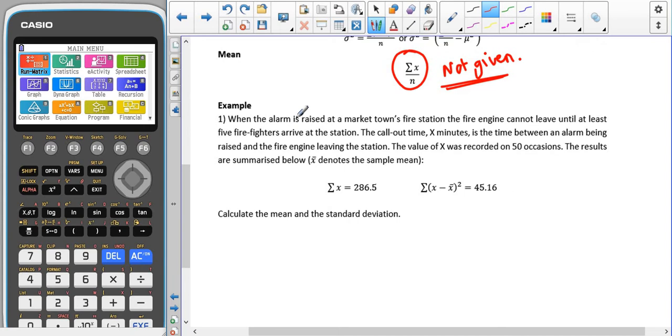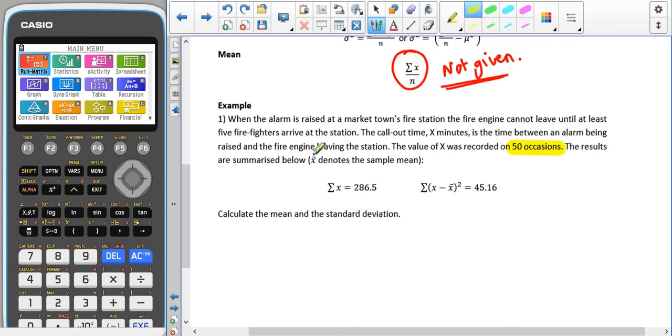So here, when the alarm is raised at a market town's fire station, the fire engine cannot leave until at least 5 firefighters arrive at the station. The call out time, X minutes, is the time between an alarm being raised and the fire engine leaving the station. The variable X was recorded on 50 occasions, so that's how many times they measured this.